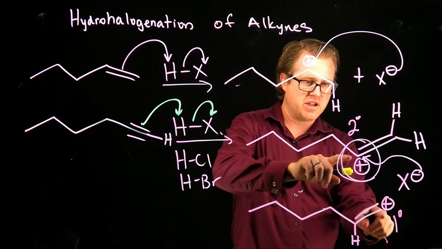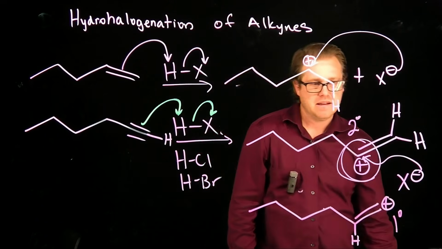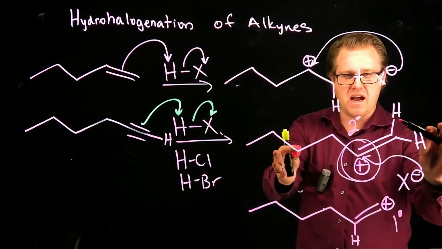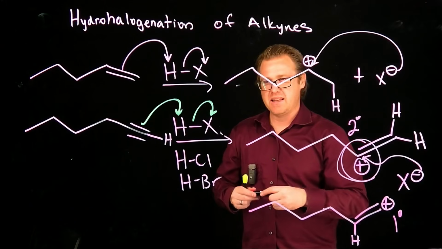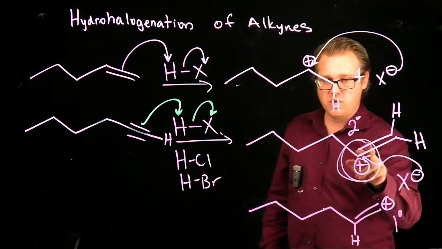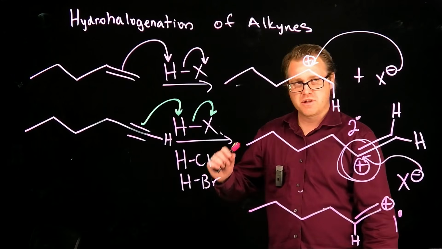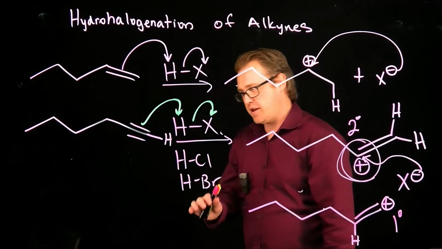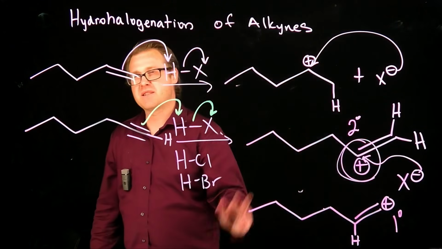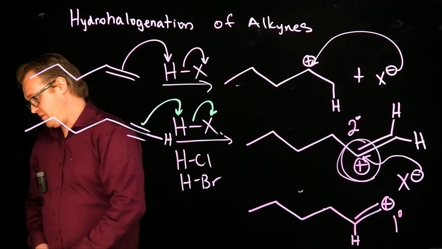When you compare these two, this one is way more stable than that one. And so this helps us to understand why this reaction is adding in a Markovnikov fashion. It all has to do with that carbocation intermediate, which we know is not particularly true, but we use it to explain the regiochemistry of these reactions. Okay?